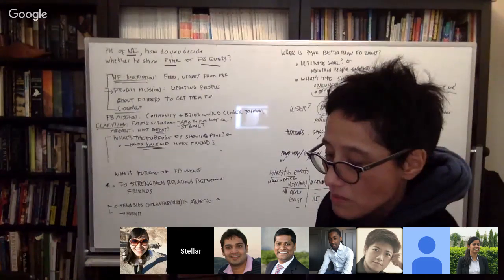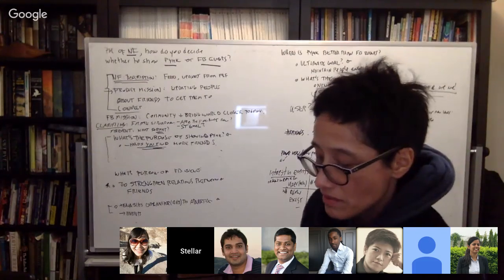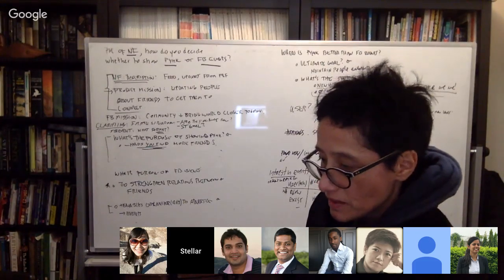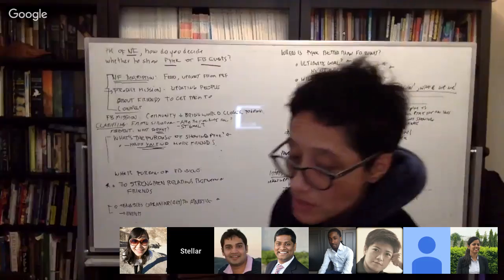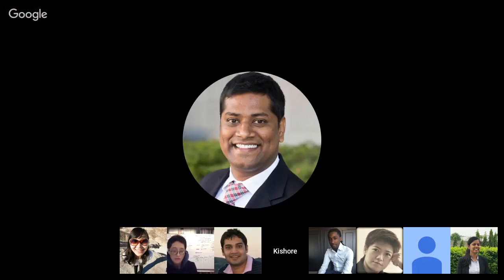How would you measure that? Would it be signups for events and also number of shares or invites? Yeah, number of shares, signups. Or it could be just the click-through rate of how many people are actually clicking on People You May Know or Facebook events.